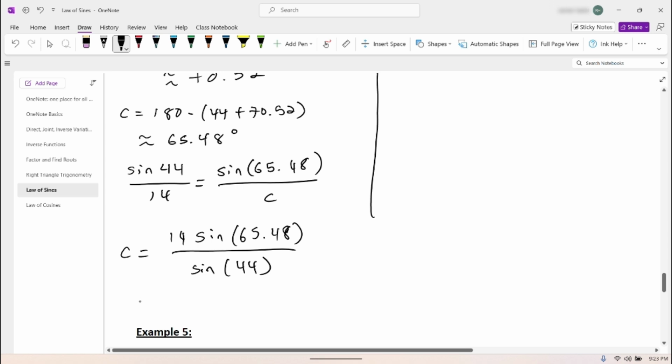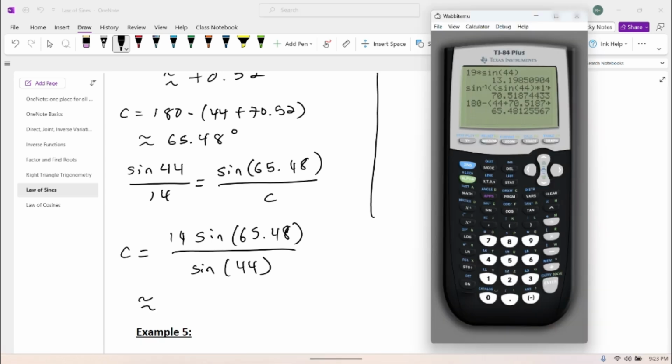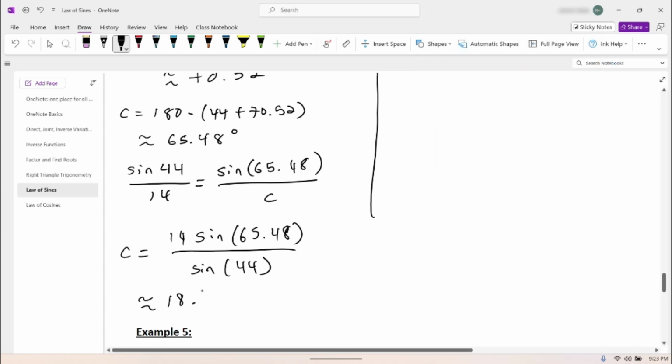So this is roughly, using a calculator, 14 sine of 65.48, and then this is all over sine of 44. So this is roughly 18.34. Round to two decimal places.